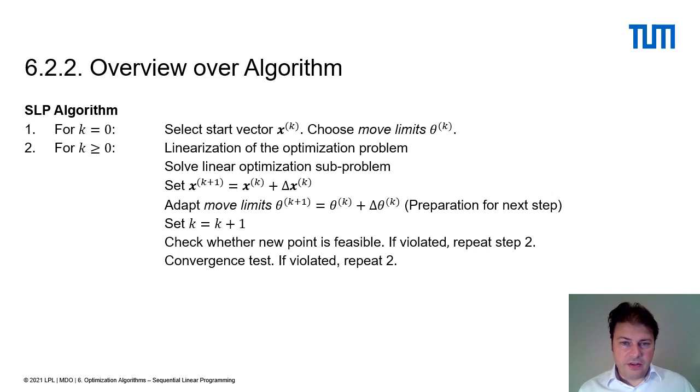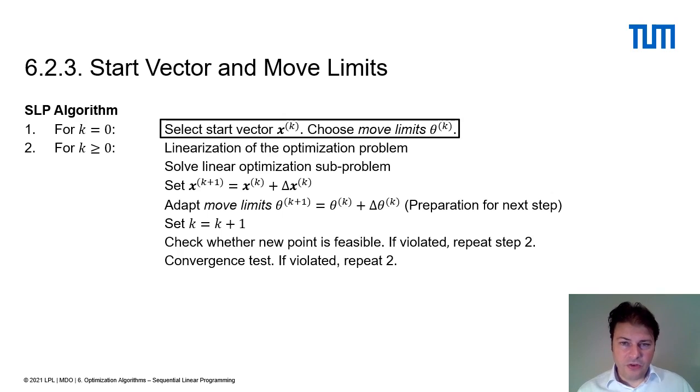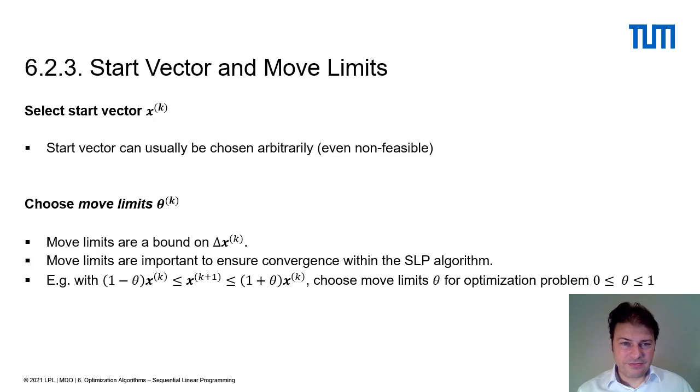Let's look at the algorithm for sequential linear programming. At first, you select a start vector and so-called move limits. The start vector can actually be chosen arbitrarily.